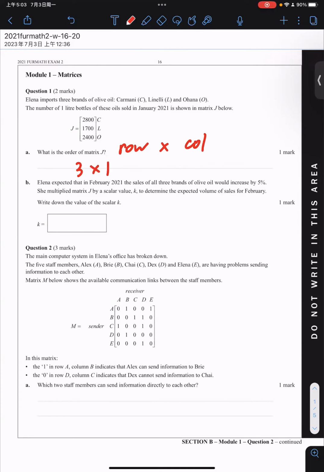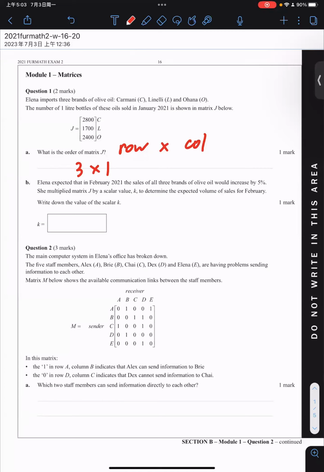Second one. Elena expected that in February 2021, the sales of all 3 brands of olive oil would increase by 5%. She multiplied the matrix J by a scalar value K to determine the expected value of sales for February. Write down the value of the scalar K. Now, please remember that our increasing part is 5%, which is 0.05.